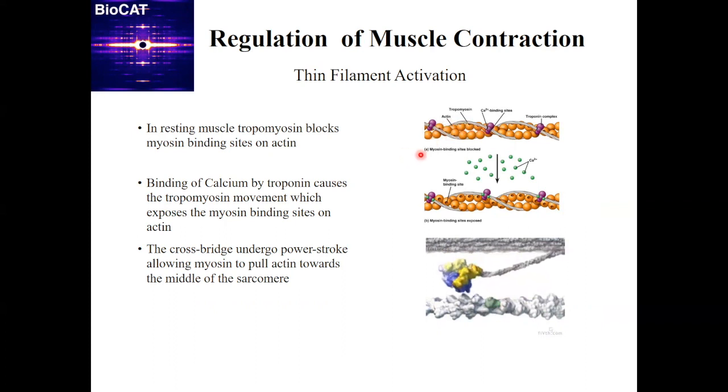In the contracting state, when calcium is released into the cytosol, calcium binds the troponin complex, which causes a conformational change and rotates tropomyosin off, exposing the myosin binding site, and then myosin can bind. In this scheme, they basically assume that myosin is going to bind whenever it has the opportunity, whenever this binding site is exposed.